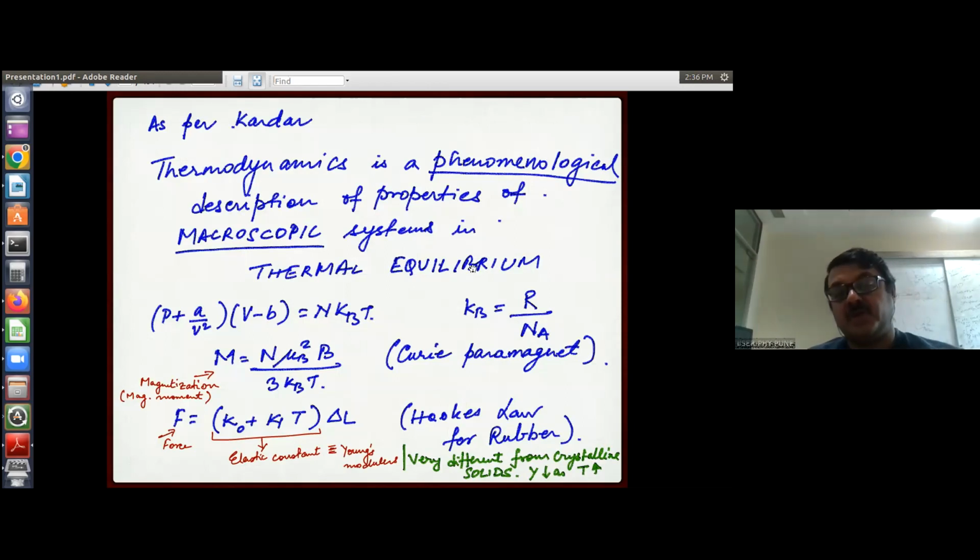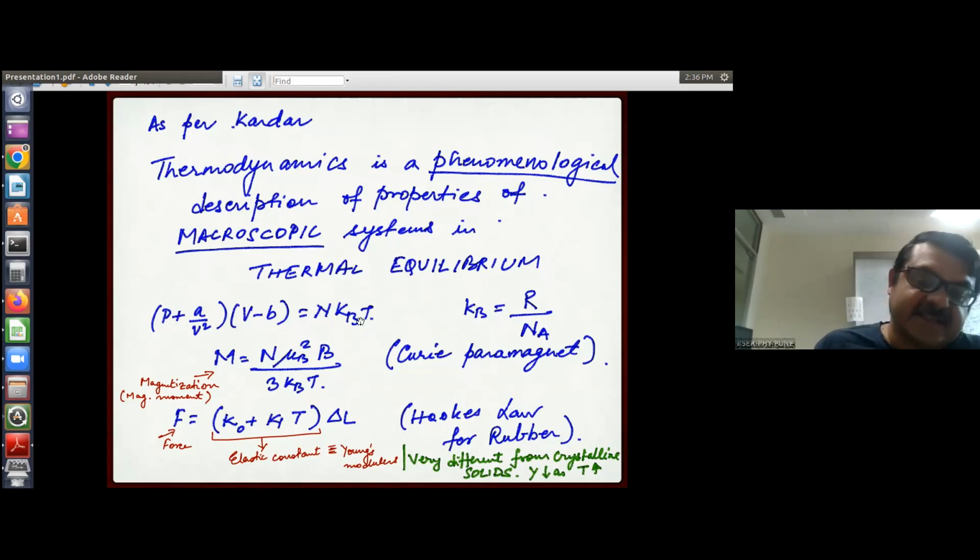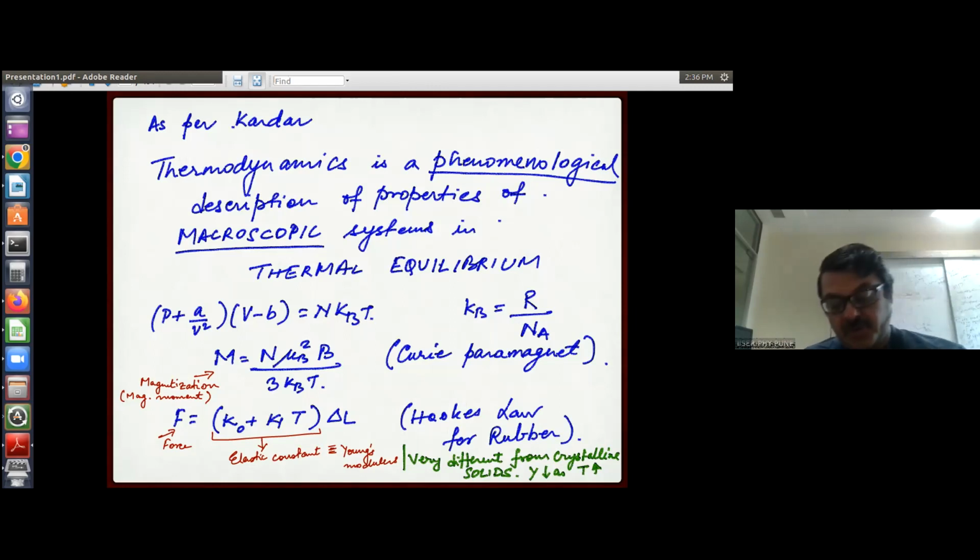Now we're going to talk about what is thermal equilibrium, right? But before that, the phenomenological description, what does it mean? By suitable measurement of the pressure, the volume, and the temperature of a real gas, of an interacting gas, say, you lower the temperature so that it's not an ideal gas anymore.